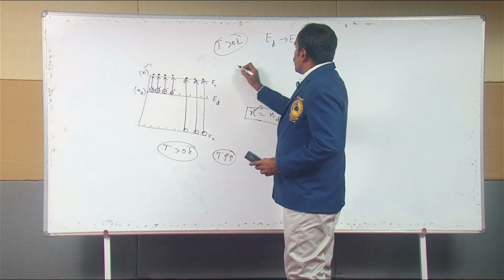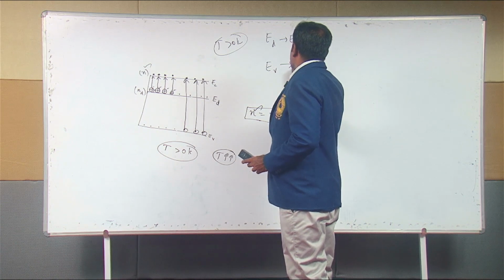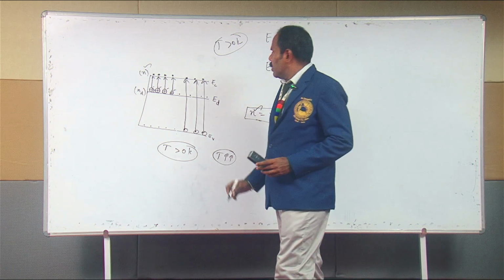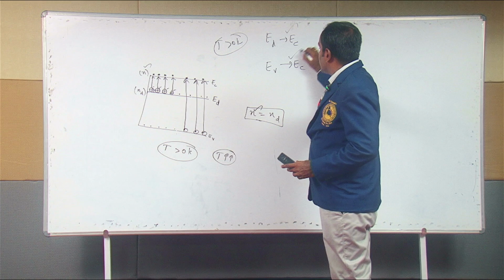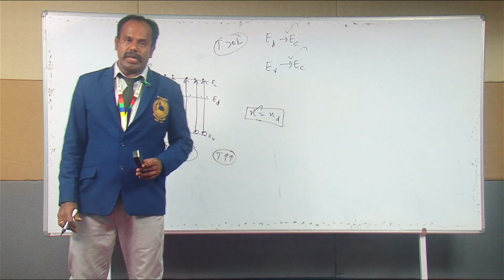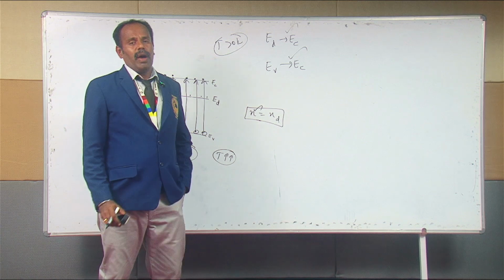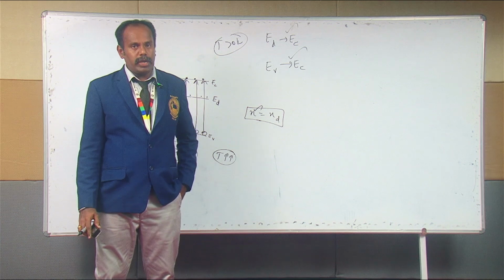And next comes the transition of the electron from the valence band to the conduction band, which we call the intrinsic behavior. So first extrinsic behavior will happen, followed by the intrinsic behavior, which could happen at a much higher temperature. So this is how an N-type semiconductor will behave at T equal to 0 Kelvin and T greater than 0 Kelvin.